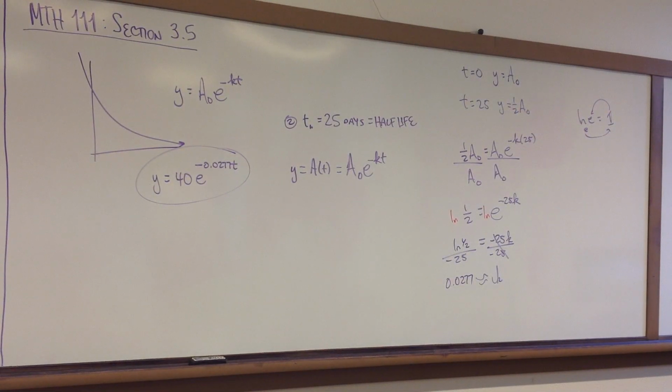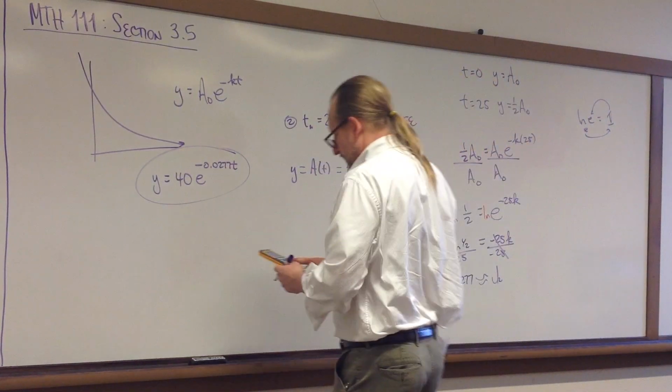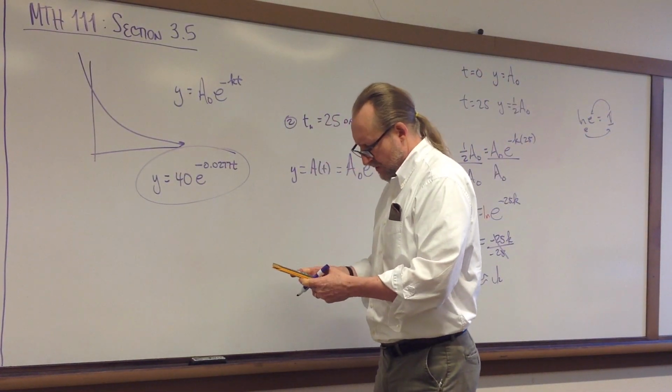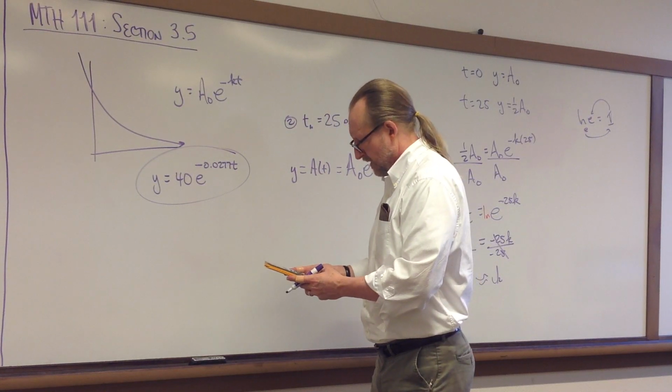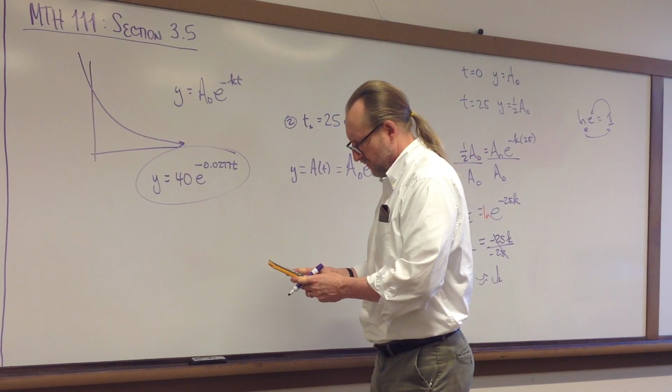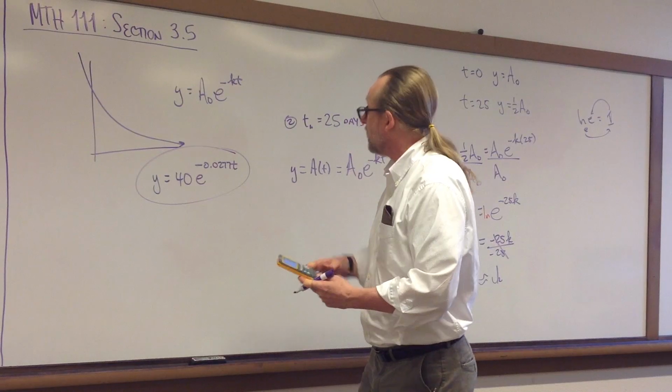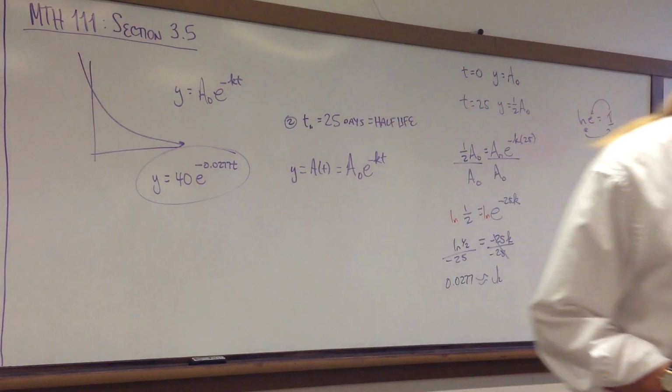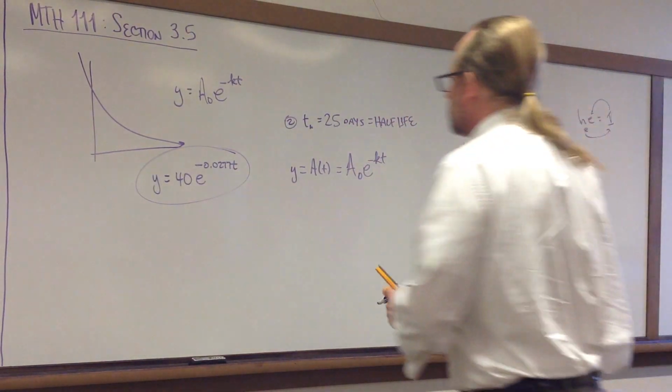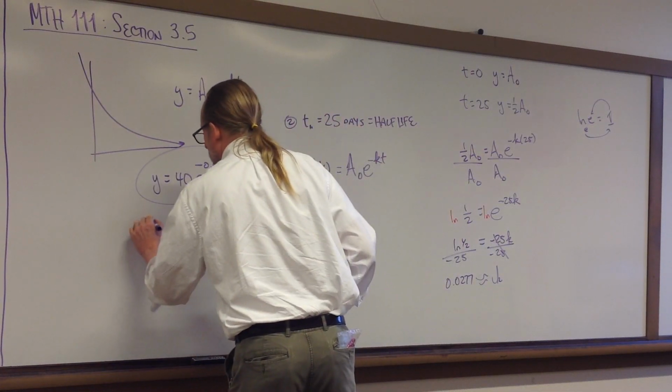How much of a 40-gram sample will remain after 60 days? Well, we've got the formula right here. All we have to do is plug in negative 0.0277, plug in 60 days for the t, and that will tell us about 7.6.